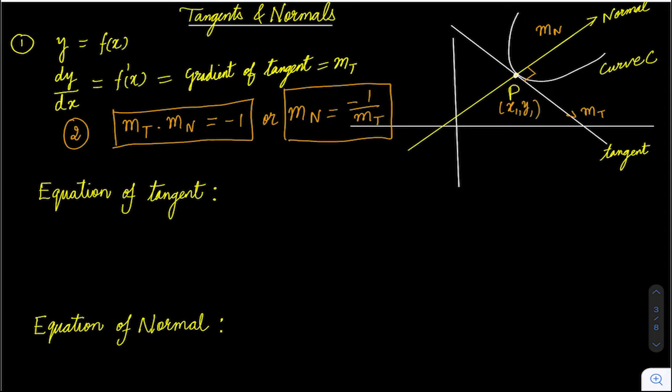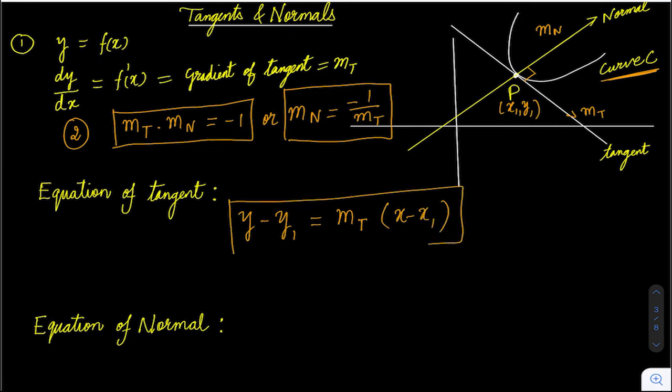This point P is on the curve C, at which we are drawing a tangent and normal. So the equation of tangent will be y minus y1 is equal to the gradient of tangent, that is dy by dx, times x minus x1. This is the third thing that you need to understand.